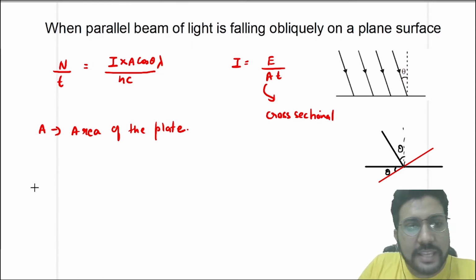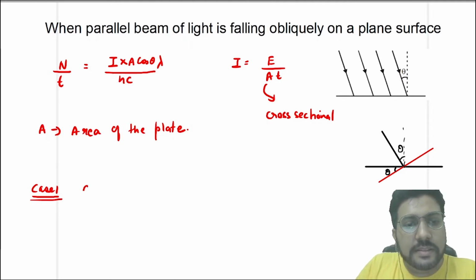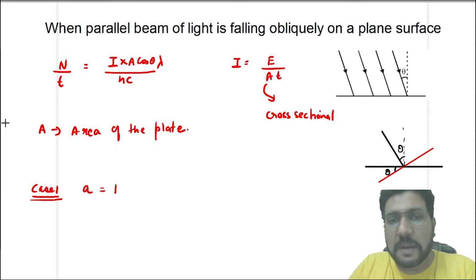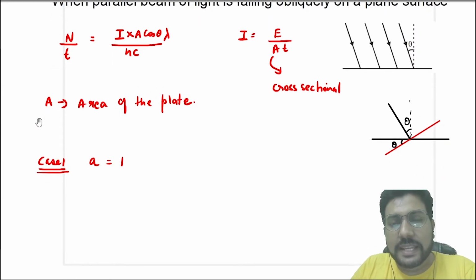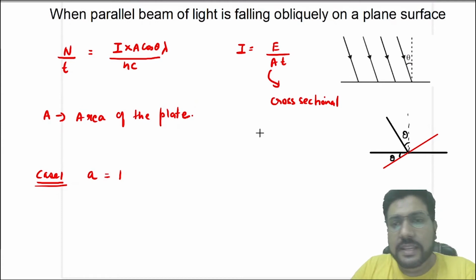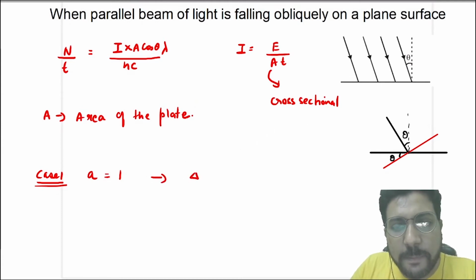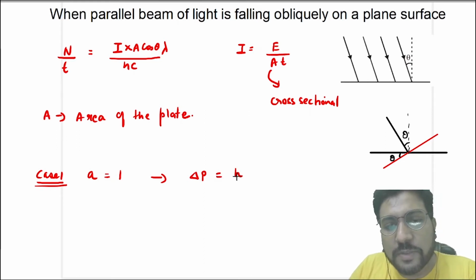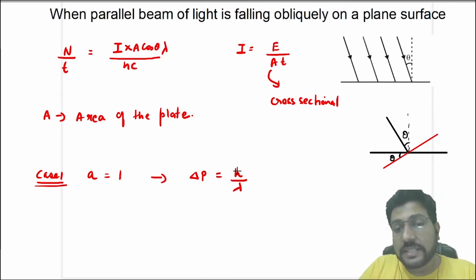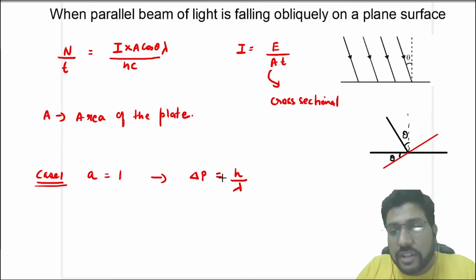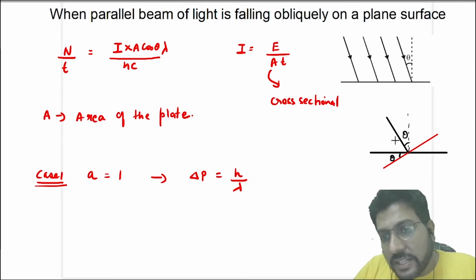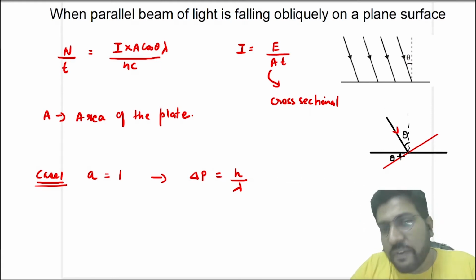Now again case 1, if you do case 1, then the surface is completely absorbing. If the surface is completely absorbing, in that case what will you say? If the surface is completely absorbing, then the change in momentum will be equal to h by lambda. But listen carefully, and the direction of this change in momentum, see, initially the h by lambda was in this direction and finally it is 0.